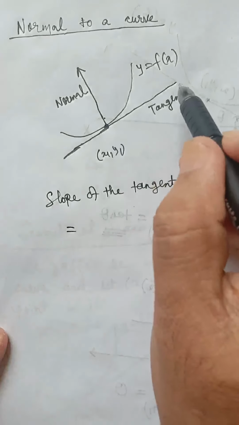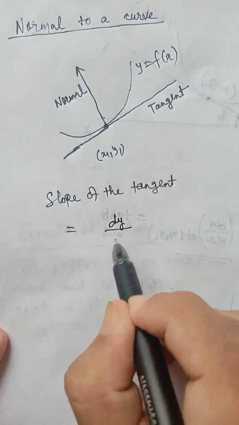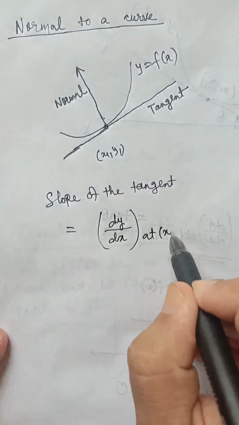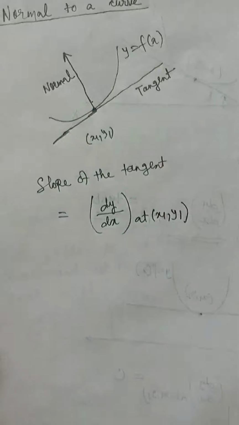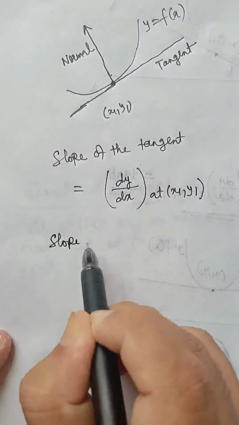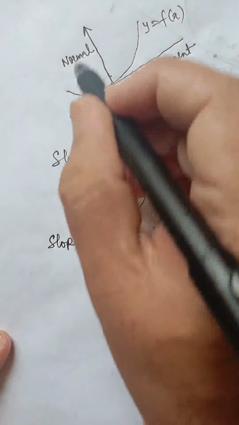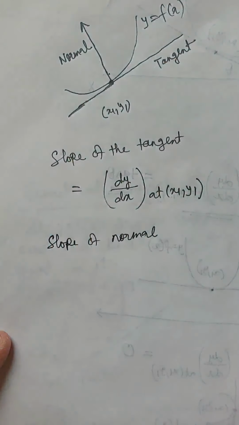Now the slope of the tangent: you can see this is the tangent at the point (x1, y1), so the slope of the tangent is dy/dx at (x1, y1). Now the slope of the normal: as tangent and normal are perpendicular, the product of their slopes will be equal to -1.